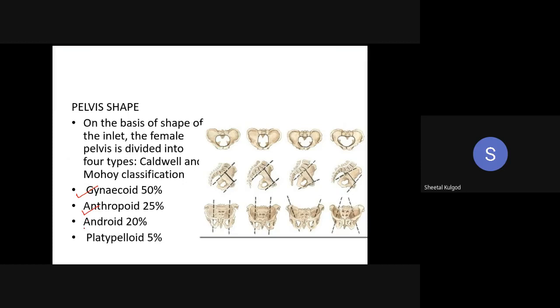Anthropoid is found in 25% of females, android in about 20%, and platypelloid in about 5% of females. So the most common is gynecoid, and the least common is platypelloid. That's what you have to remember. It's only 5%.